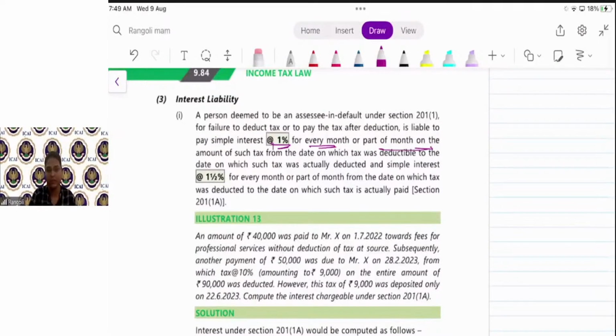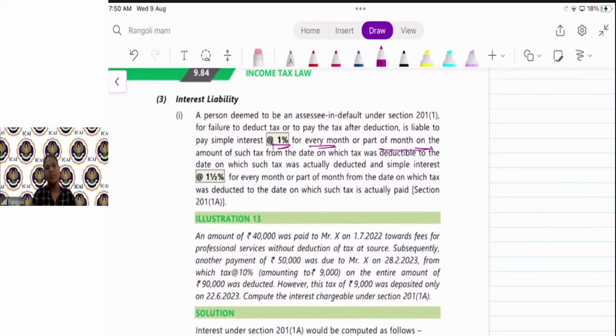1% per month. Now, say you have deducted TDS but failed to deposit it to the government within the due date. If you deduct TDS in the month of February, then what is the due date for deposit to the government? It is the 7th of March, the 7th of next month, yes or no?